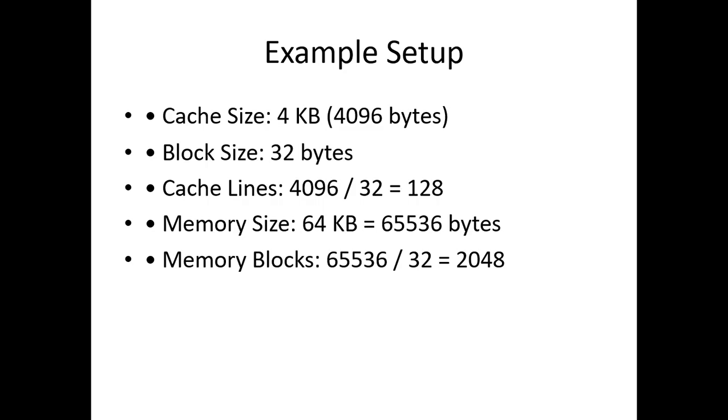The offset is determined by the block size, 2 to the power 5, so we take 5 bits as the offset, and we use those 5 bits to pick a byte within the block. Then we subtract it from the main memory bits: 16 minus 5 gives us 11 bits, and we use all 11 bits for our tag, to uniquely identify the block.